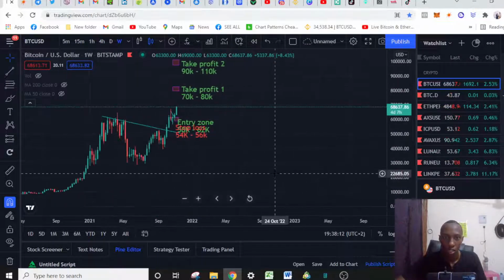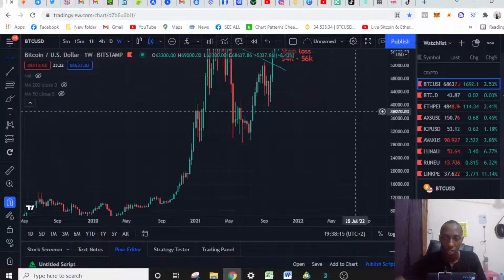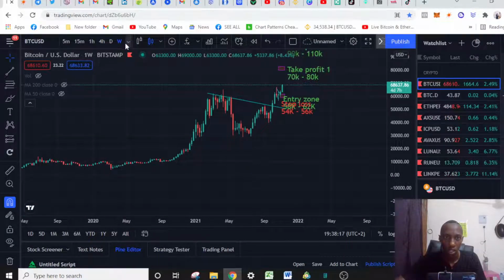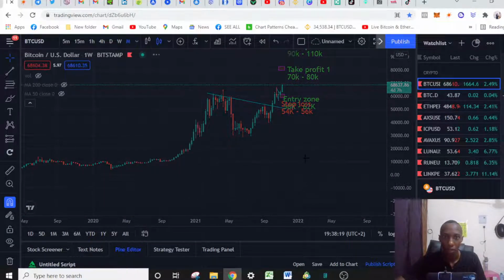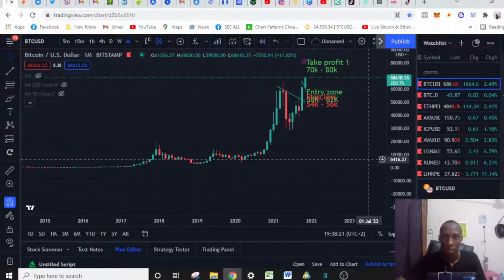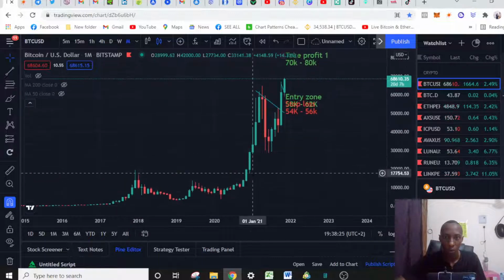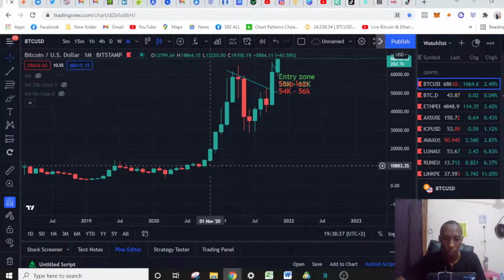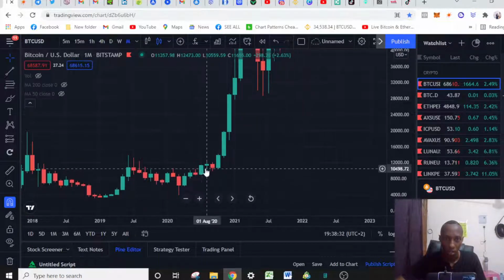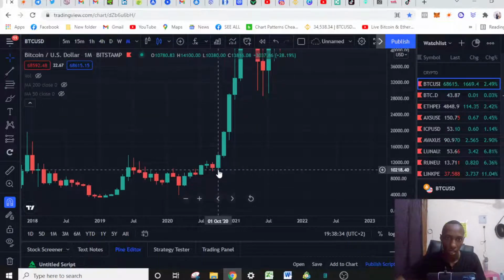So to check the long-term viability of the chart, let's go to the weekly. There is even monthly. You can go to a month and see how Bitcoin has been performing month by month. So these little boxes or rectangles are called candlesticks.